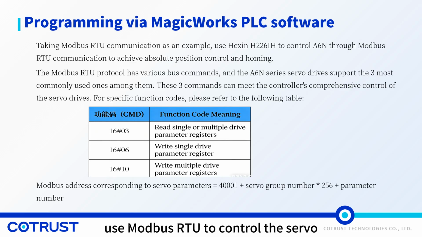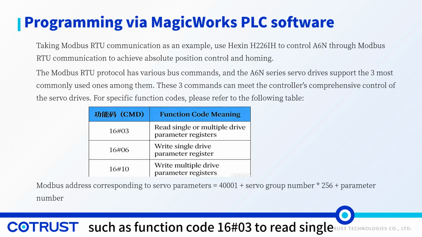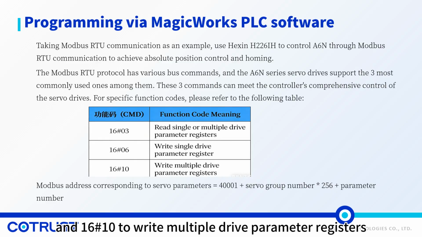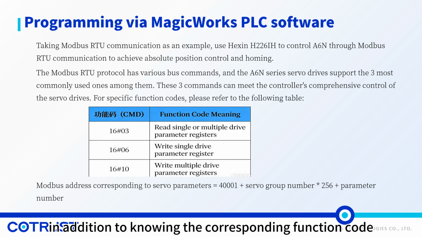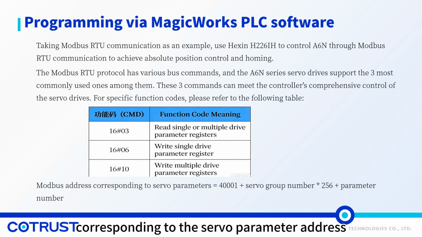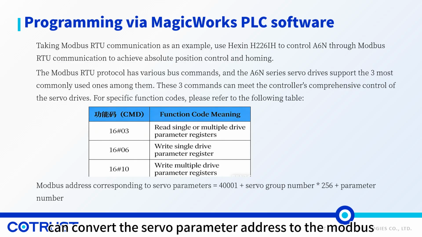Using Modbus RTU to control the servo supports the following function codes: hexadecimal 03 to read single or multiple drive parameter registers, 06 to write a single drive register, and 10 to write multiple drive parameter registers. Then, in addition to knowing the corresponding function code, we also need to know the Modbus address corresponding to the servo parameter address. The following formula can convert the servo parameter address to the Modbus address.